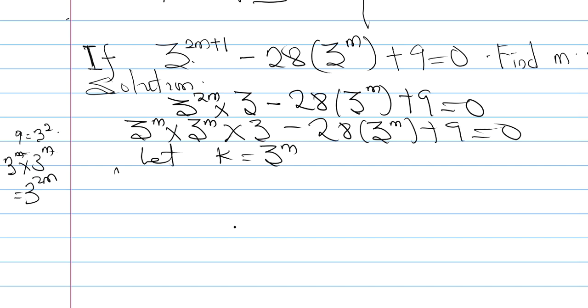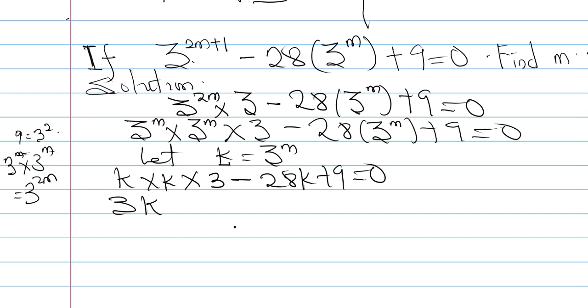Now we can have k times k. So wherever you see your 3m, you replace it with k: k times k times 3 minus 28k plus 9 equal to 0. Here we can have 3k squared minus 28k plus 9 equal to 0. Let me factorize this thing.